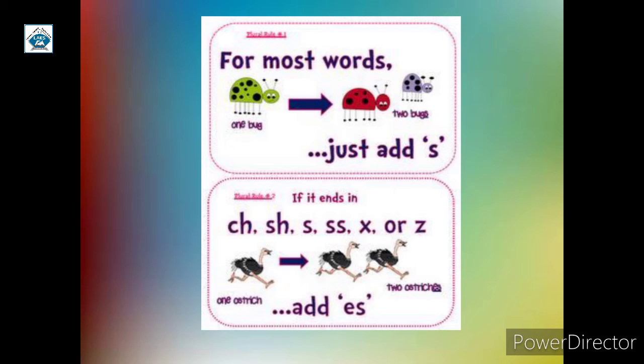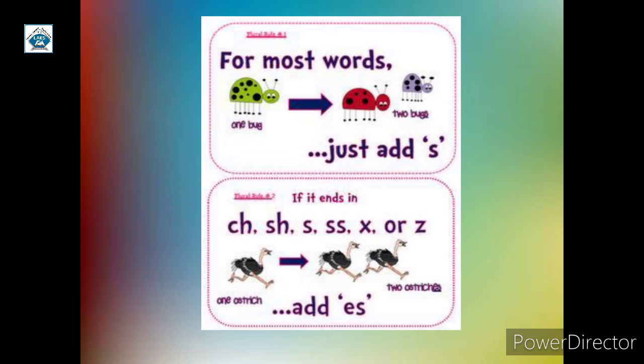Rule number 2. If you see any word which ends with CH, SH, S, double S, X or Z, you should end it with ES. As you can see an example here, ostrich, which ends with CH.